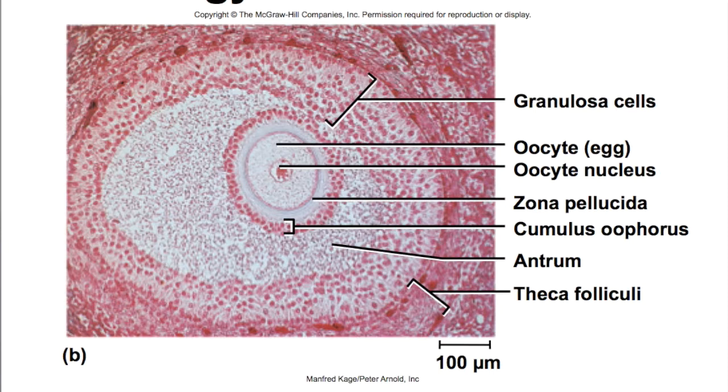Then as you move out further, you have granulosa cells, and then finally you have theca folliculi, all right? So this is the overall structure of the ovarian follicles. So that's all we're going to talk about today with the female reproductive system. We will talk more about the male reproductive system in just a minute.